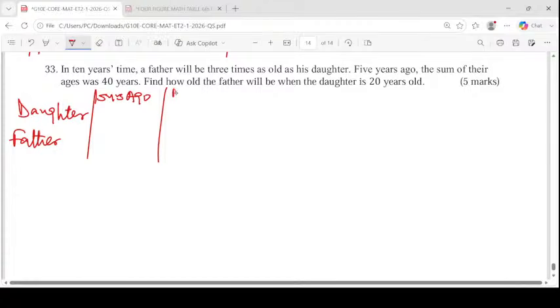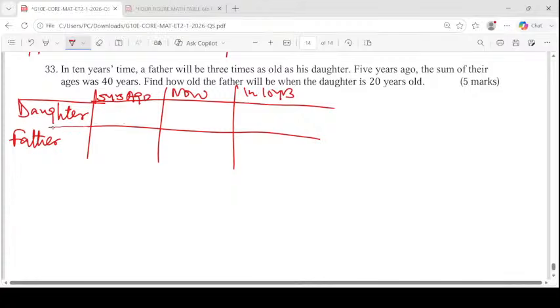I can add a tab for now. In 10 years. I'm going to use this to make this clear. In 10 years, a father will be 3 times as old as the daughter. So, assuming the daughter will be k years by that time, the father will be 3k.